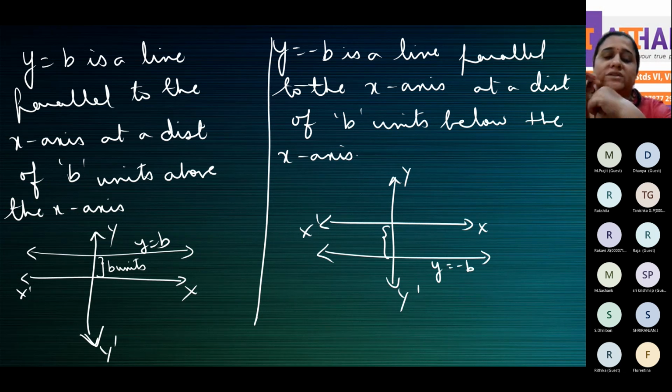So when it's parallel to the x-axis, y is equal to a number. If it's parallel to the x-axis, y is equal to a number.